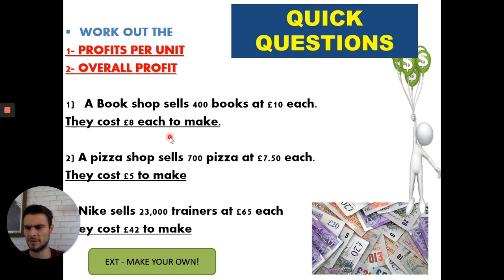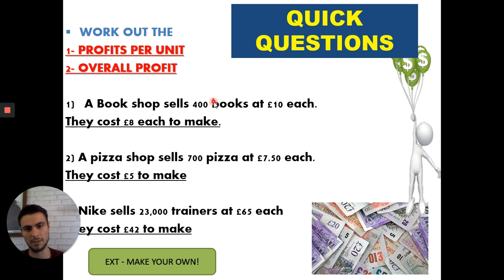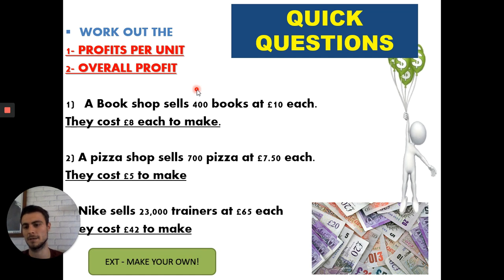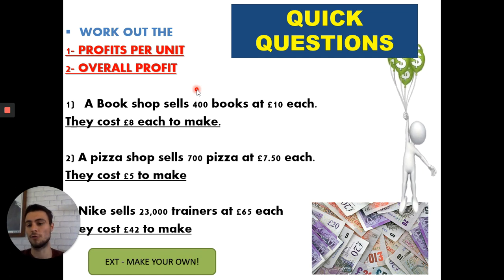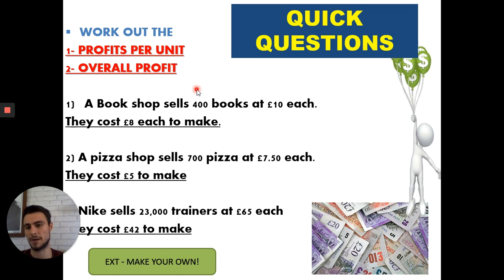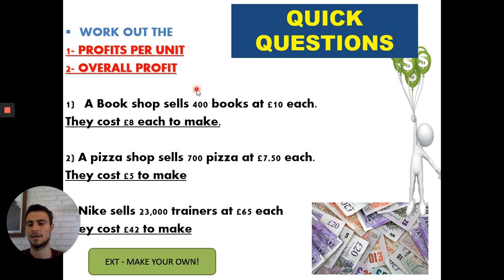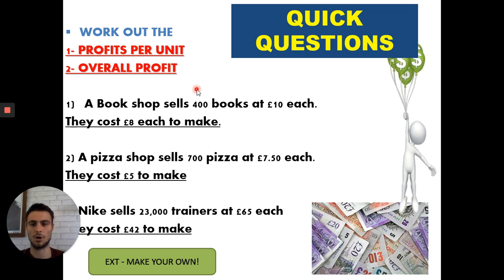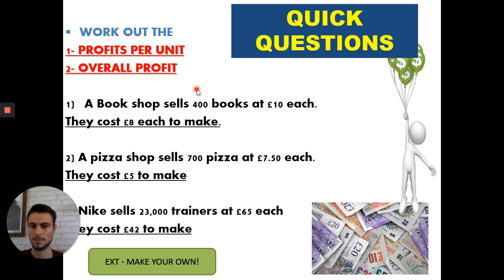For overall profit, it's that £2 that we worked out times by how many we sell. So 2 times by 400 that we sell. Then the overall profit per week will be £800. So profit per unit £2, overall profit per week £800. So let's have a go at number 2 and 3, please, so you can pause me now.